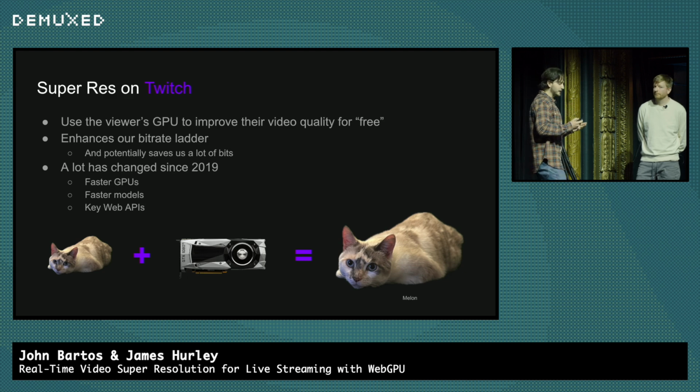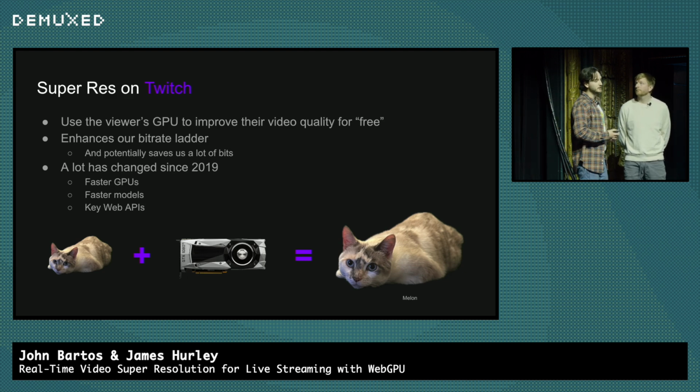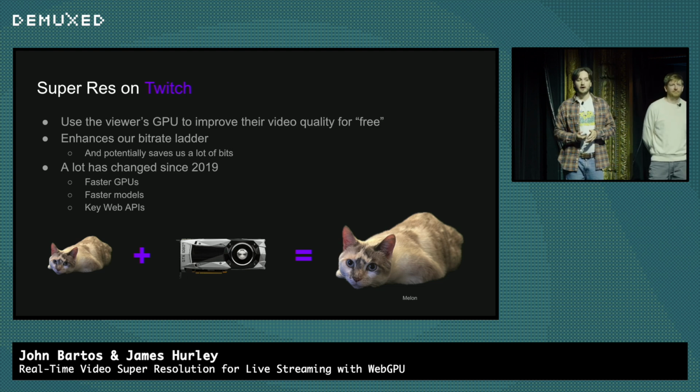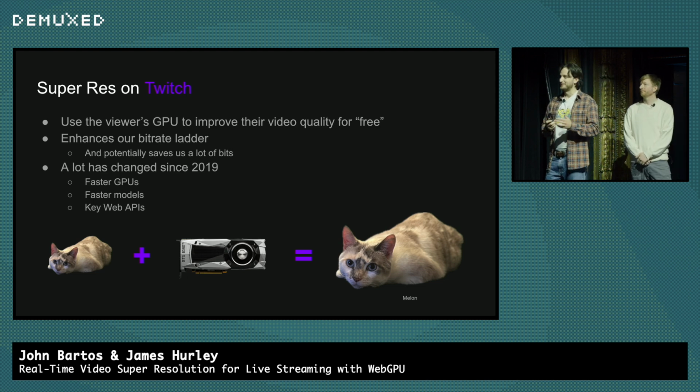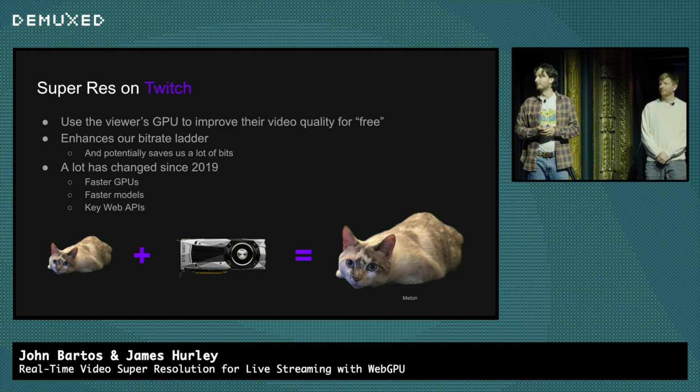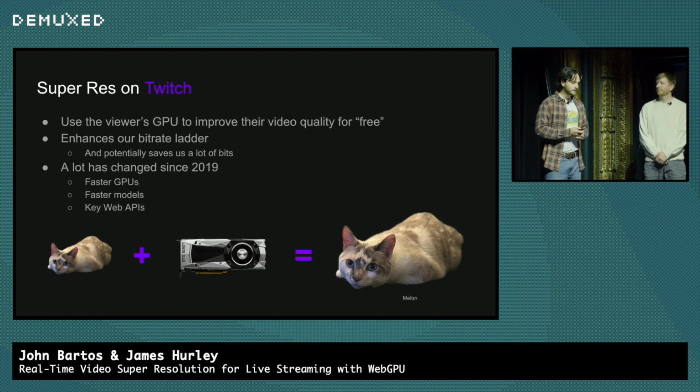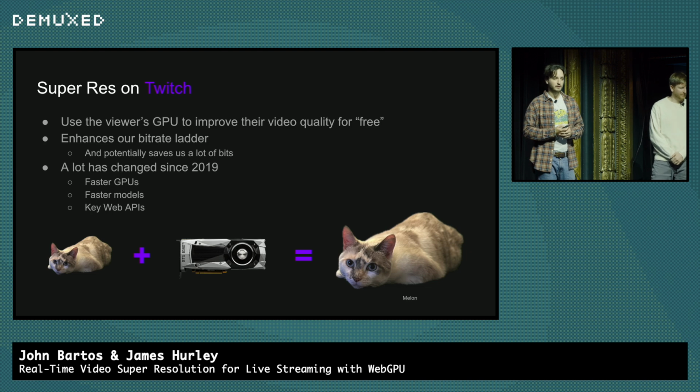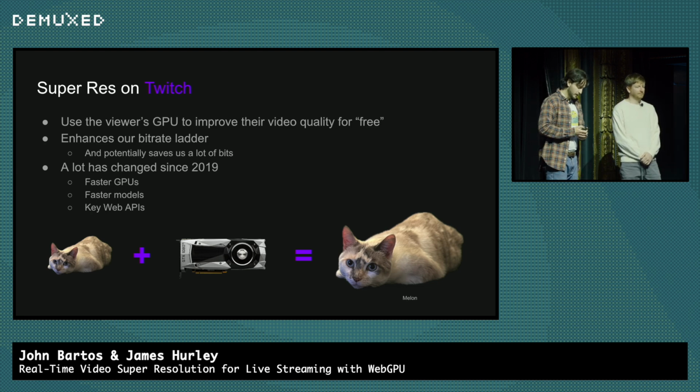Now, since 2019, a lot has changed to make super res possible on the web. GPUs have gotten much faster and more expensive, and gamers, like what we see on the Twitch audience, tend to adopt them pretty quickly. Models have gotten faster, and most importantly, certain key web APIs have recently become available to make it possible.